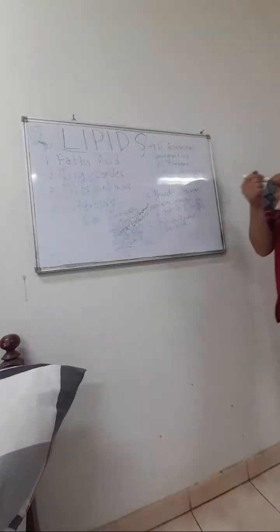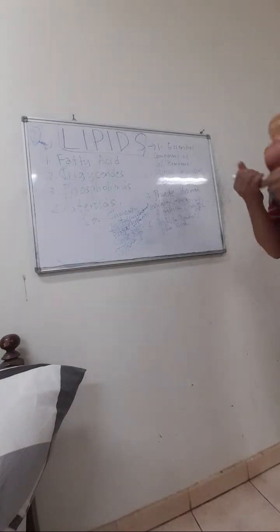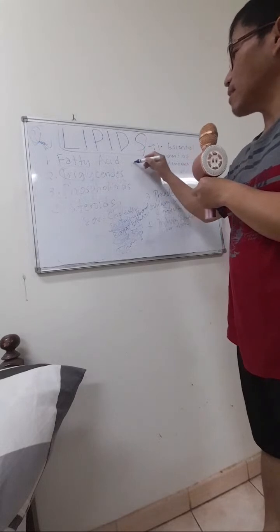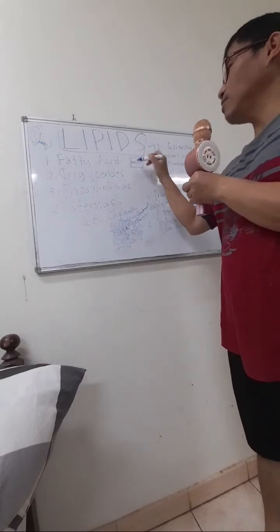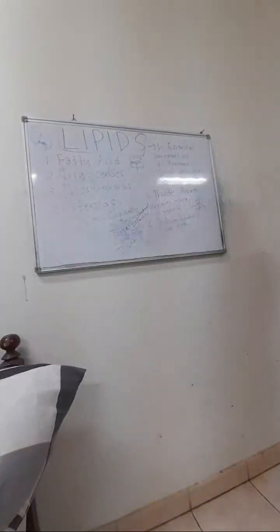So what goes down? Sorry, what goes down? Because what goes up is lighter. What goes down is higher molecular weight and high density. So it's going to be like that.